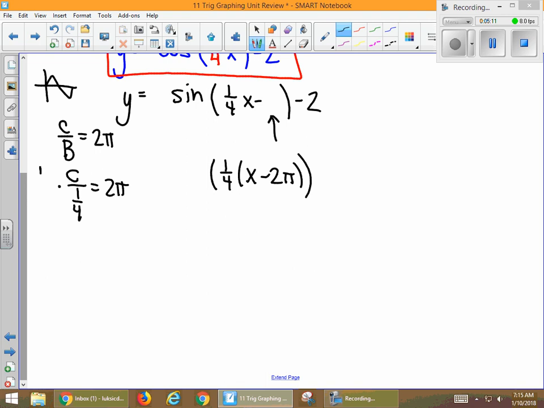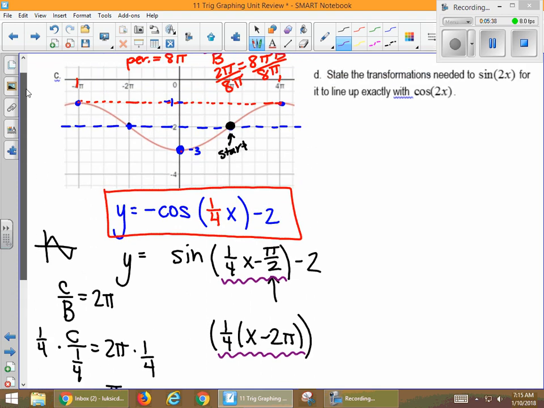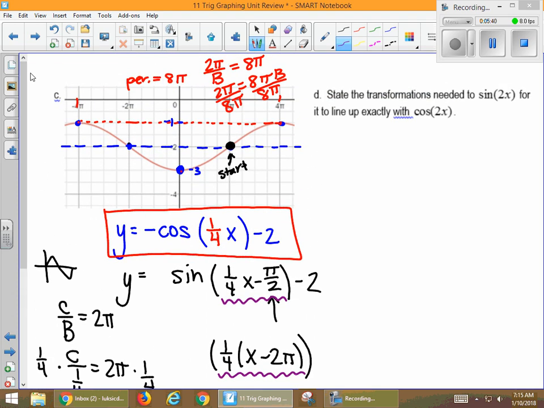You want to multiply by 1/4. So 2 pi divided by 4 is the same as pi over 2. So either of these, your parentheses can look like this, 1/4 minus pi over 2, or like this, 1/4 times x minus 2 pi. They are equivalent. All right, that is 4C.